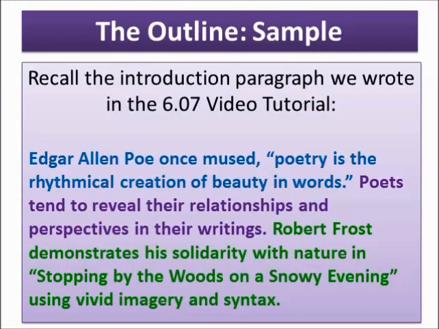Take a moment to recall the introduction paragraph that we wrote in the 6.07 video tutorial. Edgar Allan Poe once mused, "Poetry is the rhythmical creation of beauty in words." Poets tend to reveal their relationships and perspectives in their writings. Robert Frost demonstrates his solidarity with nature in Stopping by Woods on a Snowy Evening using vivid imagery and syntax.